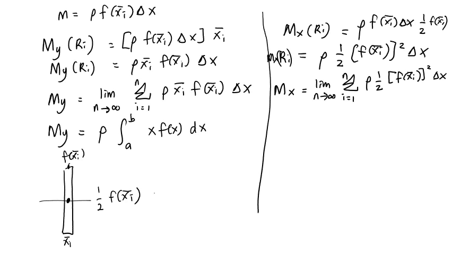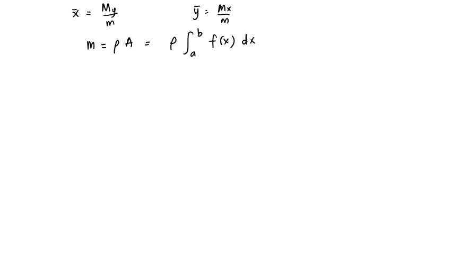Then convert it in terms of an integral from a to b. You can take out the density because it's constant, and then you have 1/2 f(x), but this whole thing here is squared, dx. So this would be the formula to get the moment of R about the x-axis. Compare that with the one about the y-axis.